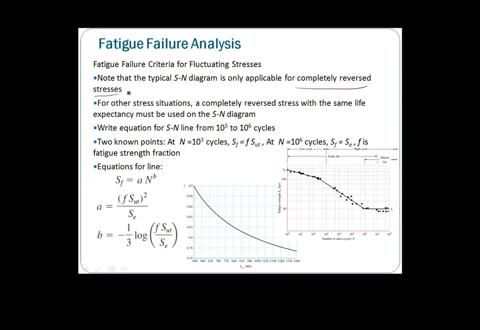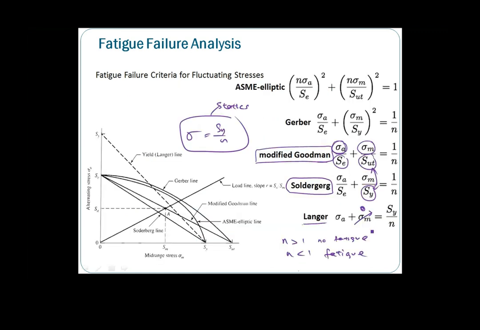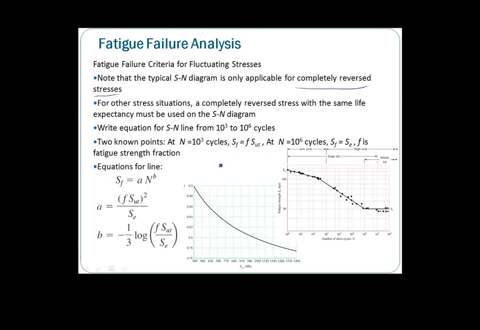So how to predict this, what we call complete reverse stress. How to predict this N if you have failures? If I have a fluctuating stress where sigma M is non-zero, then the SN curve is not suitable.